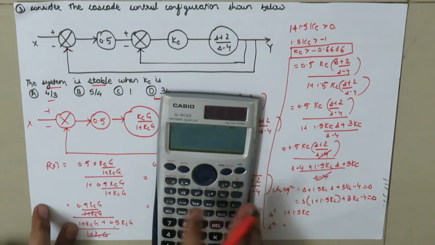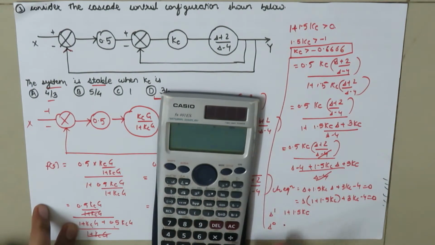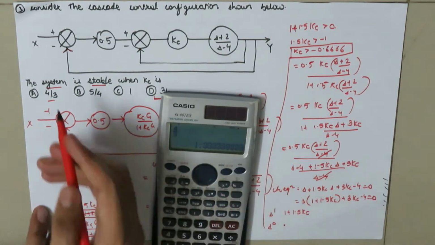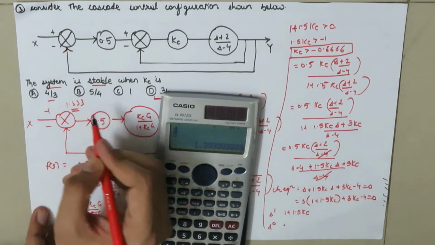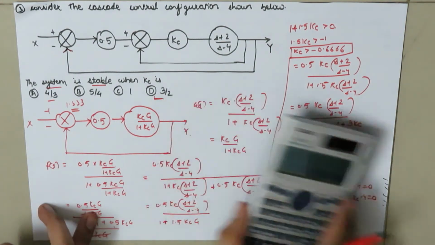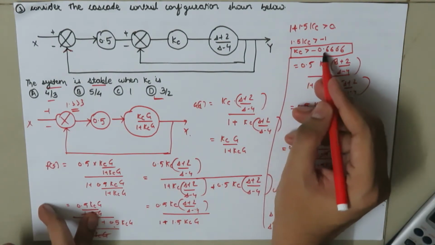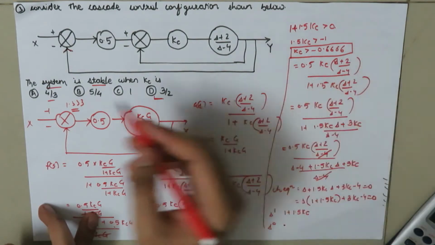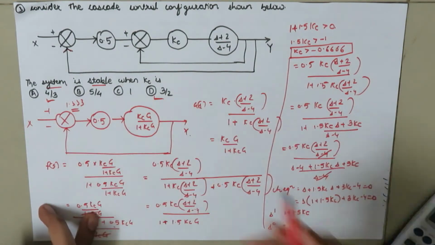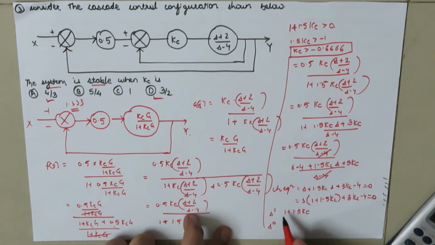Here we have our first option, 4 over 3, which is 1.33. But something is incomplete in our calculation, because here Kc should be greater than -0.666 and here we have all positive values. So we need to determine the value of this element.